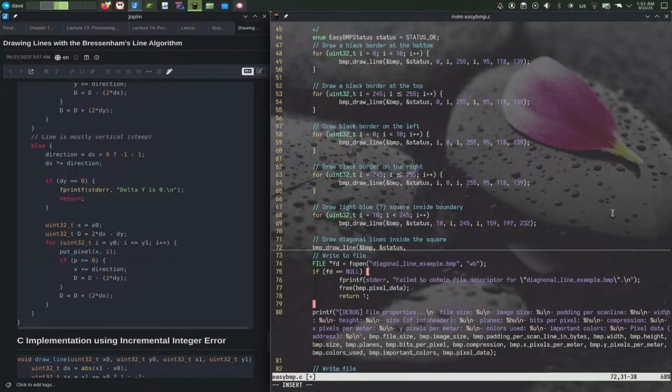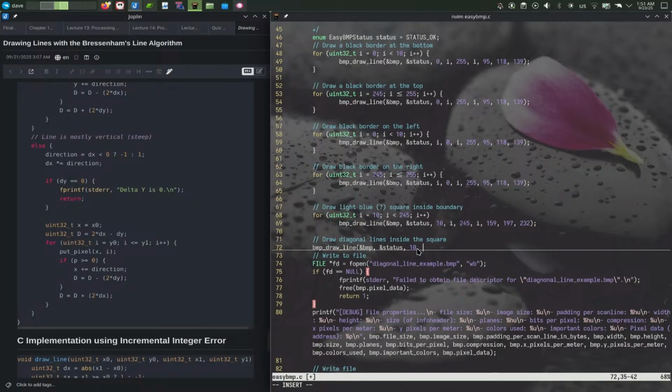Let's see. So the first X position would be basically where this line begins, right? So at 10, and this will be the one that goes up, right?